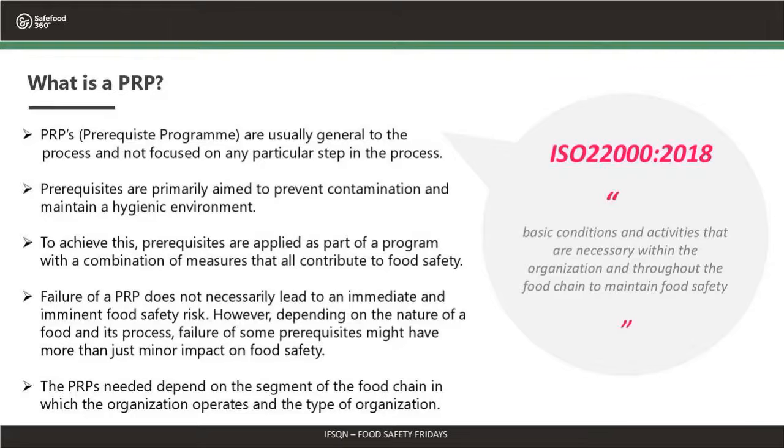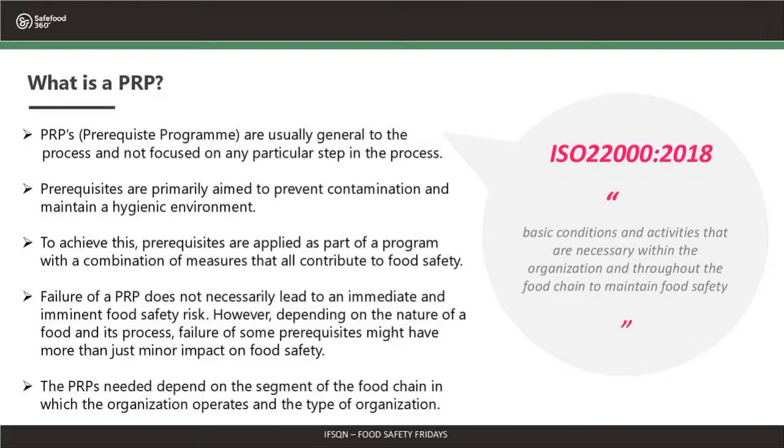So PRPs are general to your process. They don't focus on a specific step in the process. For example, cleaning and sanitizing are activities that can be applied to all steps, all areas, and items within your facility.